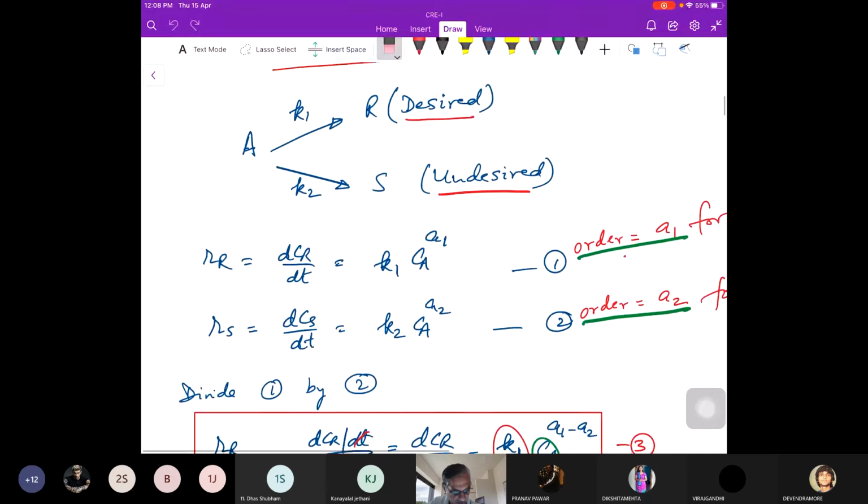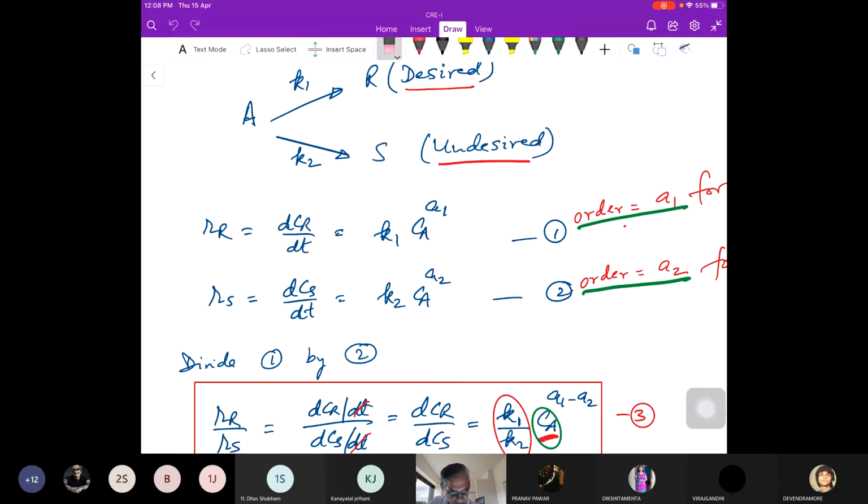A goes to R, A goes to S, and order of reaction is a1 for the first reaction and a2 for the second reaction.